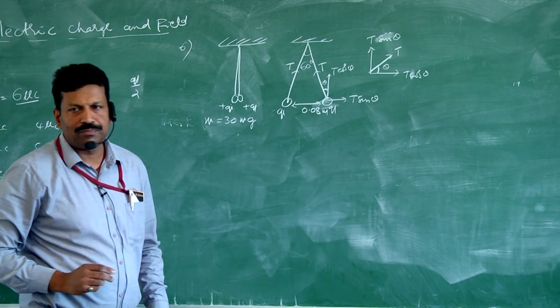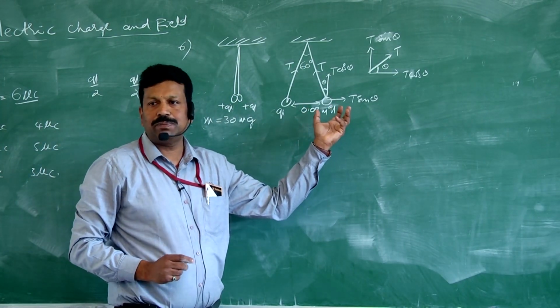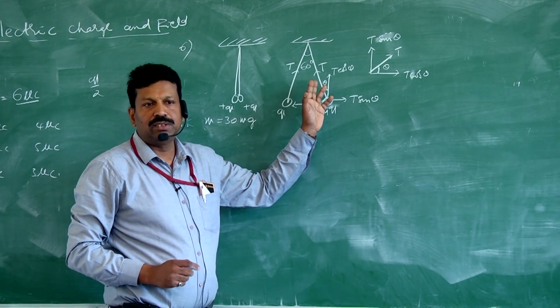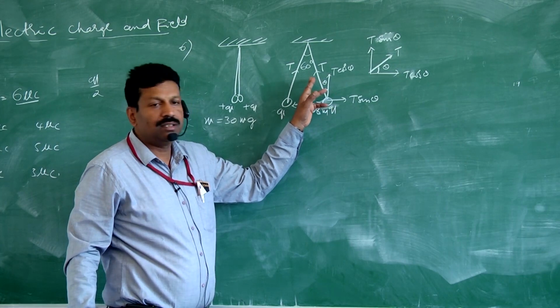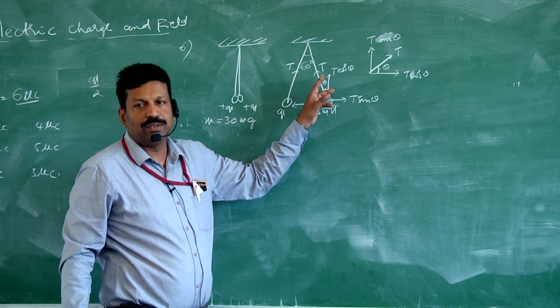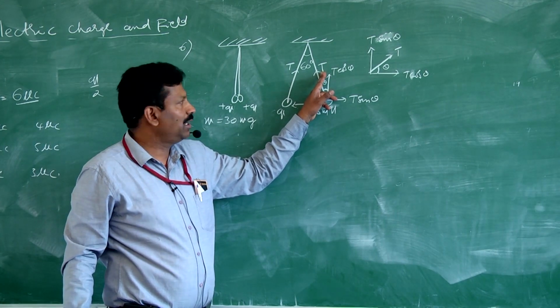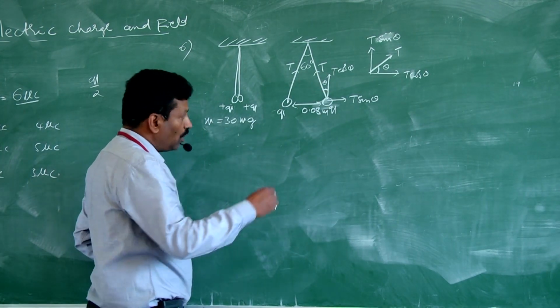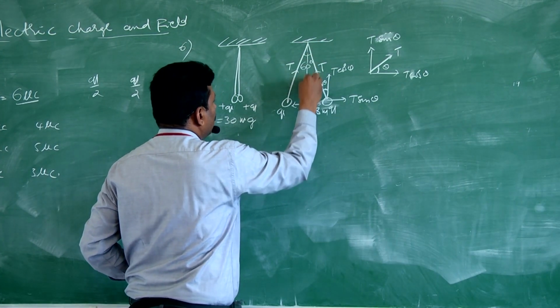This is the tension in the string, nothing but force. Whenever you suspend any object, there will be tension. This is basically due to electromagnetic forces within the wire. It tries to pull, so a force is created within the wire, which is called tension. Now, after this, theta is exactly equal to this.